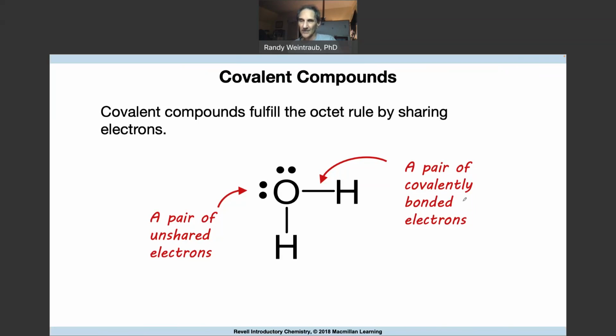Between the unshared and the shared electrons, oxygen has its 8 valence electrons, having 2, 4, 6, and 8. And the hydrogen has the 2 it needs for the first energy level.